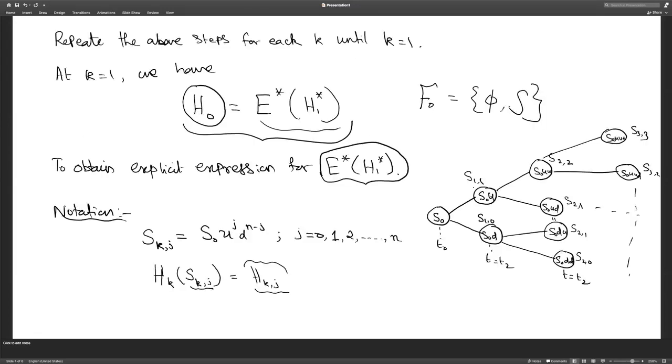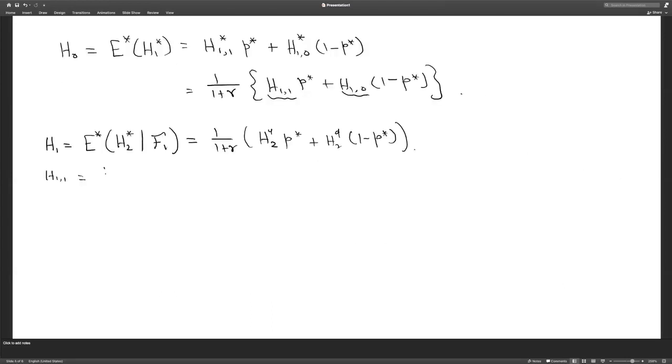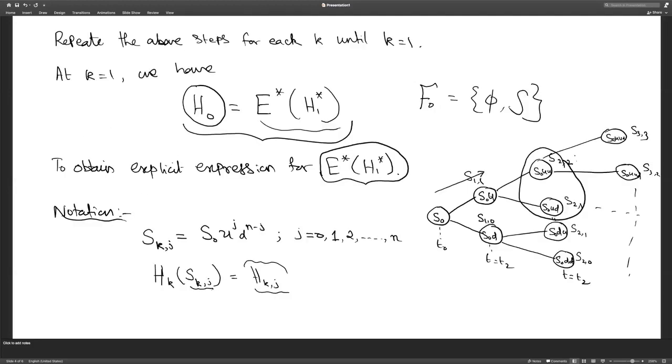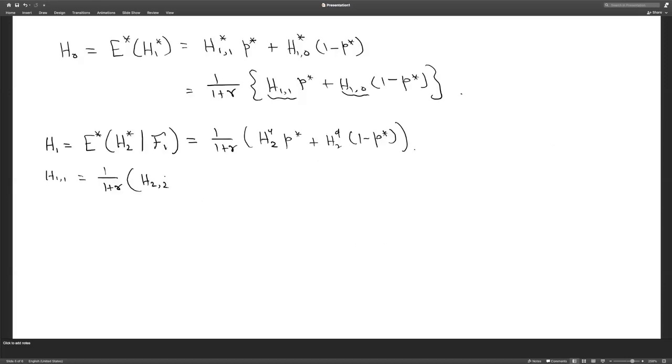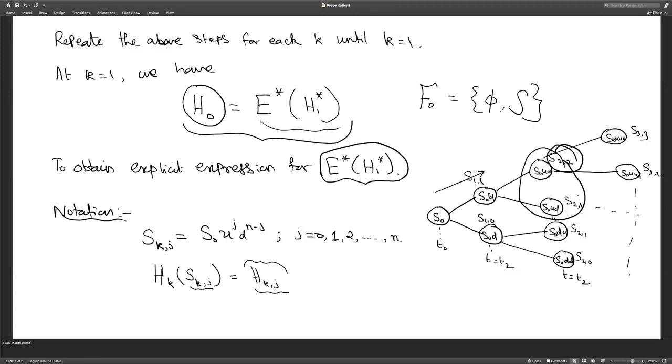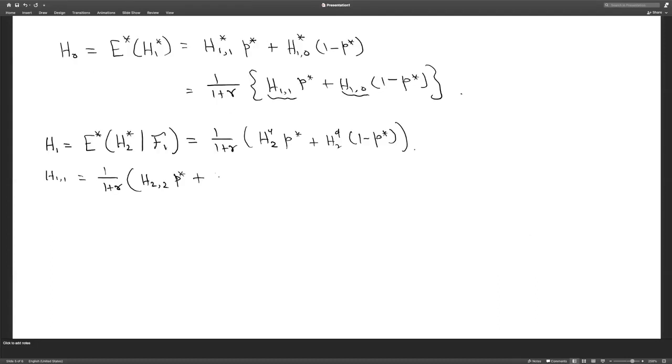H11 means in the first time level we went up, therefore H11 should have these two possibilities, that is 1 by 1 plus R into H22, which corresponds to this value, when it was success, therefore you have P star, plus H corresponding to 21, that is this term. So H21, that is down, therefore 1 minus P star.